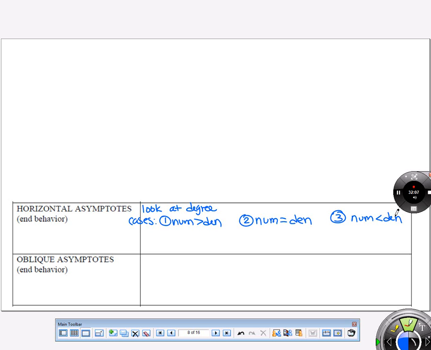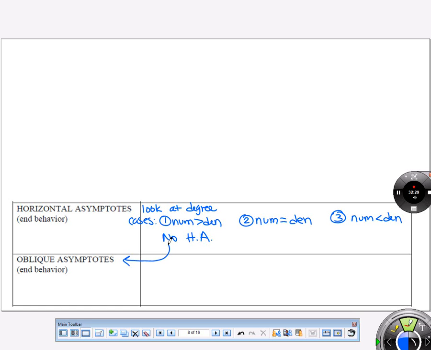Zeke? Good. They went towards infinity or negative infinity. What did that mean about having a horizontal asymptote? It didn't have one. So these have no horizontal asymptote. If it doesn't even out at one thing, it follows some other shape at the end. These are the ones where we need to look for the oblique asymptotes.